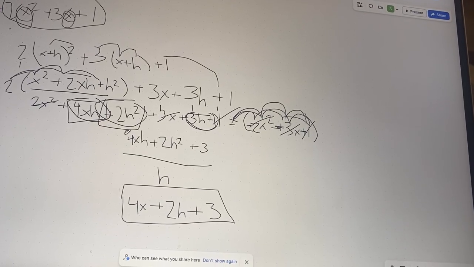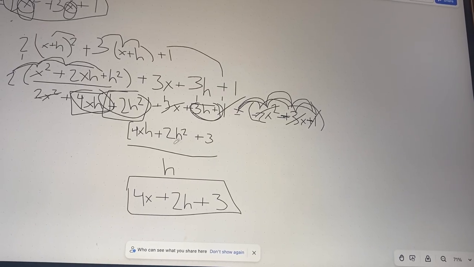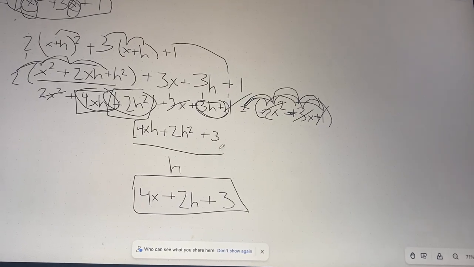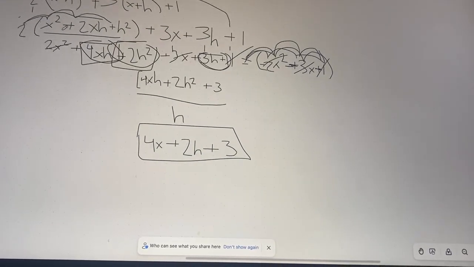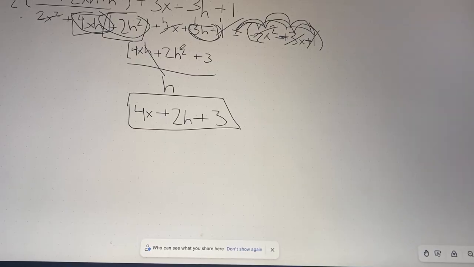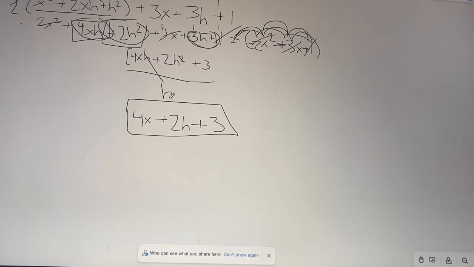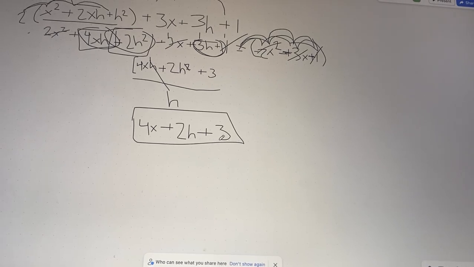I put those terms in this area, so we're left with 4xh plus 2h squared plus 3h, and then we can't forget to divide by h. So it's going to cancel out, and we're going to be left with 4x plus 2h plus 3.